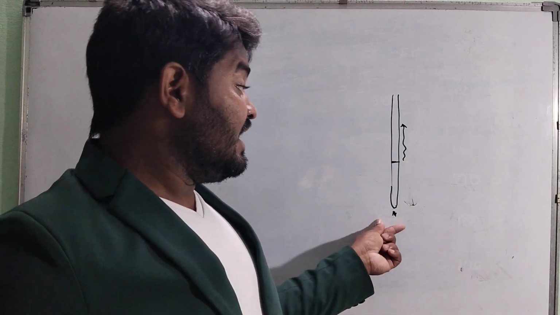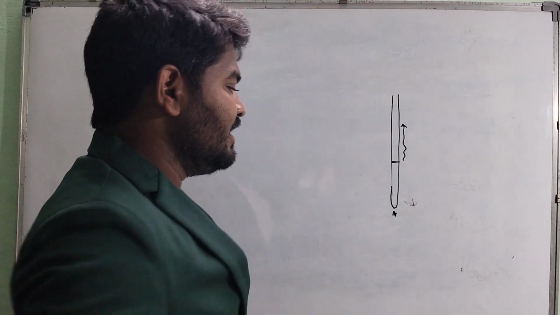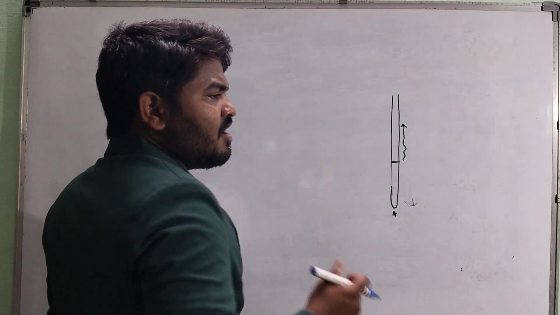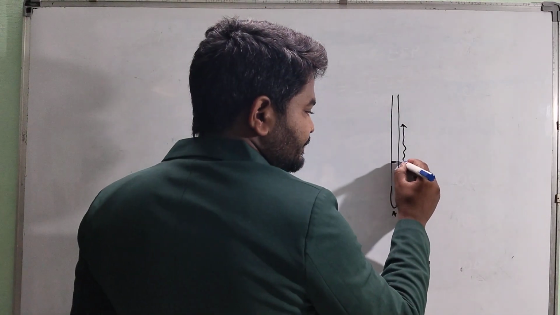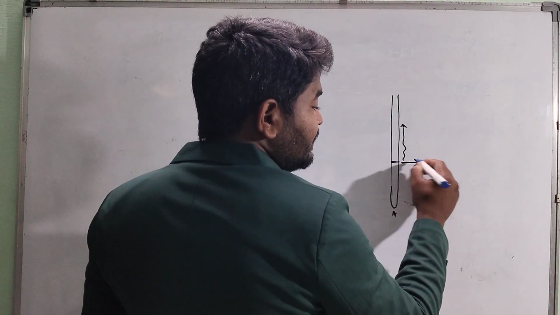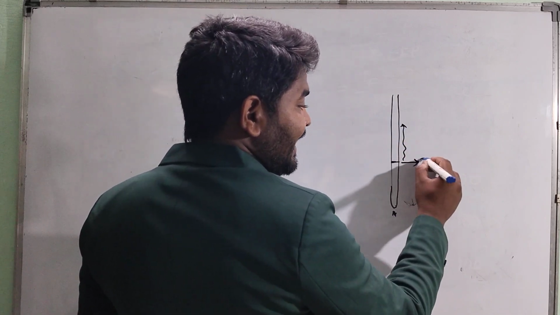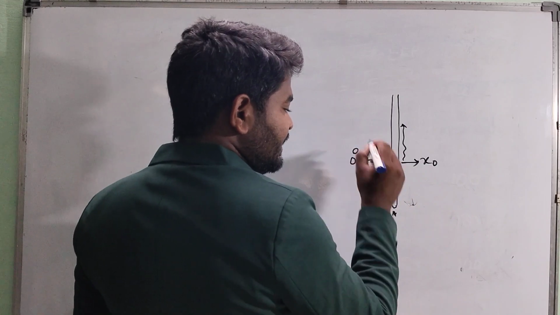There is no variation. Its length increases linearly as the mercury expands. Let's think, we'll take the length of this capillary tube as x naught when the temperature is 0 degree Celsius.